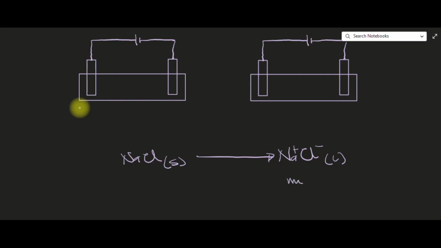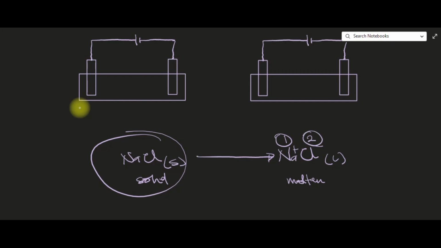So this is molten sodium chloride, and this is solid sodium chloride. Now, the molten sodium chloride has ions. The solid does not have mobile ions. The molten has two ions, the first one is our sodium ion, and the second one is the chloride ion. So whenever you melt an ionic solid, you will have two types of ions.